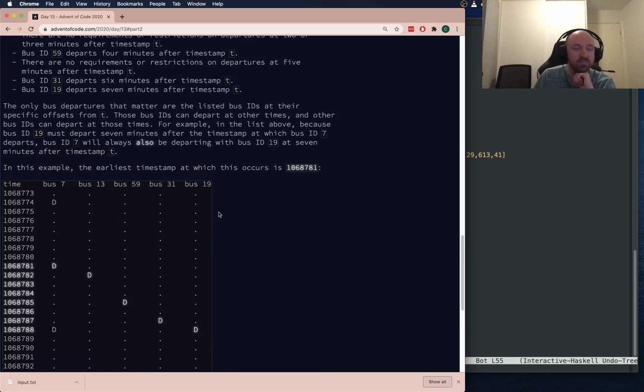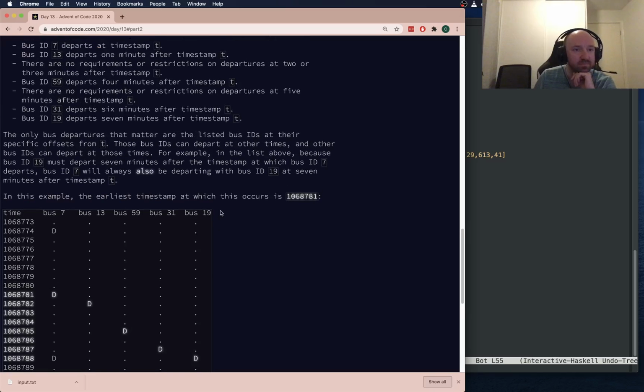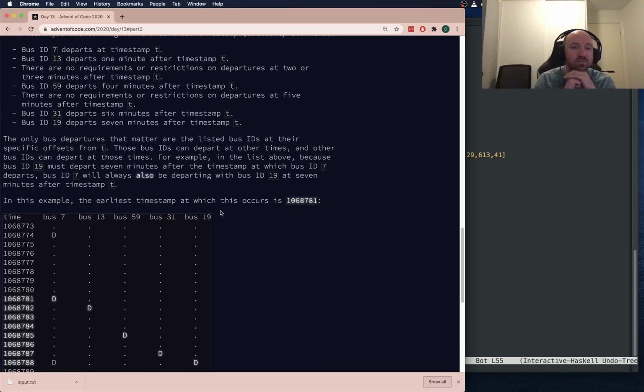I wonder if just enumerating it is going to work. The only bus departures that matter are the listed bus IDs and their specific offsets from T. Those bus IDs can depart at other times and other buses can depart at other times.